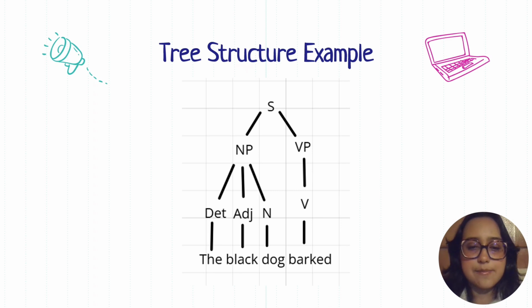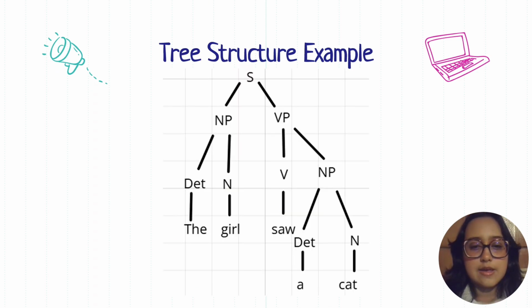In this example, the noun phrase contains an adjective also, and a verb phrase can only have a verb. In this case, we have an adverbial phrase that contains a noun phrase that also contains a determiner and a noun.